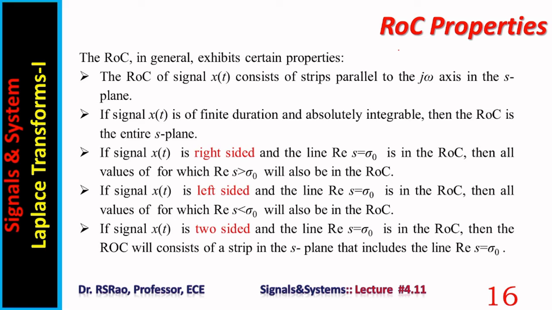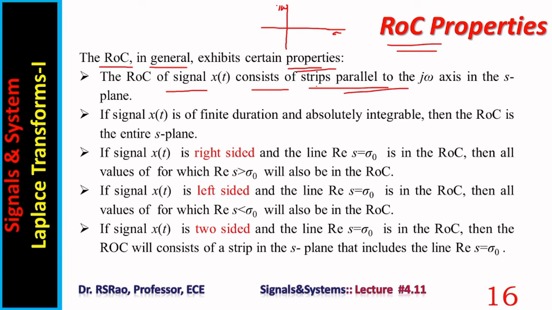Now some important aspects pertaining to ROC. The ROC in general exhibits certain properties, which are mentioned here. The ROC of a signal x of t consists of strips parallel to the j omega axis in the S-plane. The vertical axis is the j omega axis, the horizontal axis is the sigma axis.